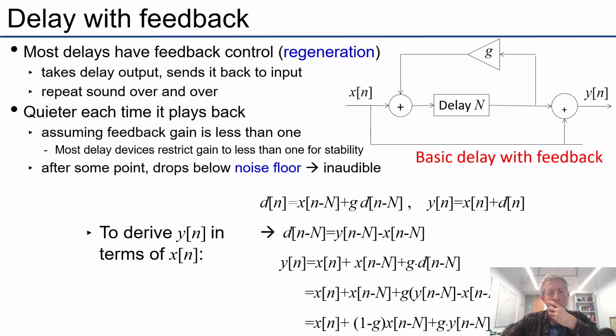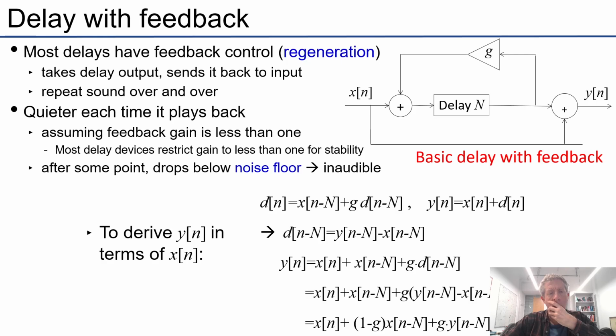We introduced the basic delay just a couple of slides ago, but many times when delay is implemented, it is with feedback. The feedback is sometimes referred to as regeneration. Look at the figure in the top right. There is a gain G so that the signal x of n goes through a delay, and one path it takes is multiplying it by the gain and putting that back into the original input.